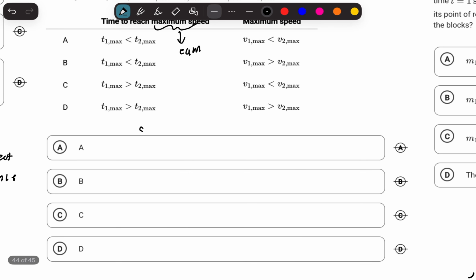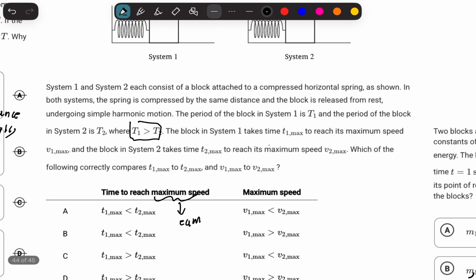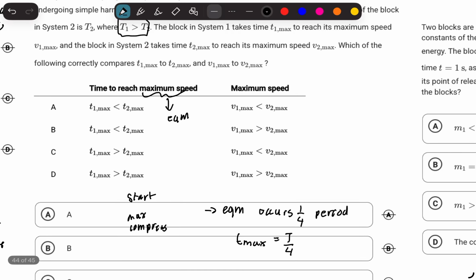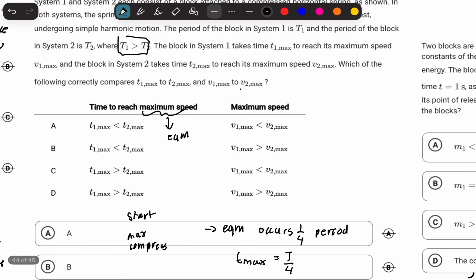So if you start from max compression, that means the equilibrium occurs 1/4 of the period. So your t max is equal to T over 4. So if T1 is greater than T2, that means t1 max has to be greater than t2 max.